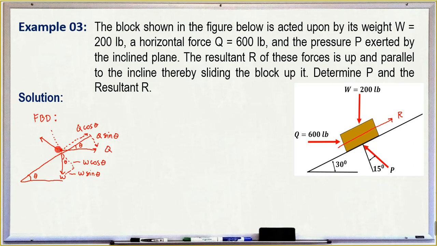So diri na siya components parallel and perpendicular. Okay, this is P sine of 15 because this is 15 sa given and this is P no. And this one ang iyahang perpendicular component is P cosine 15.